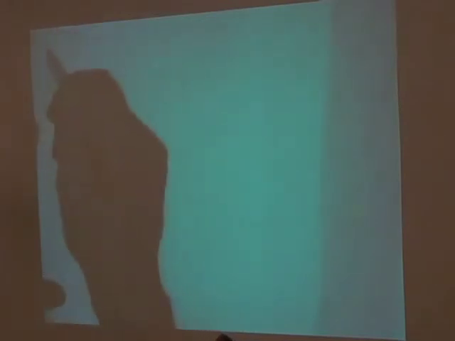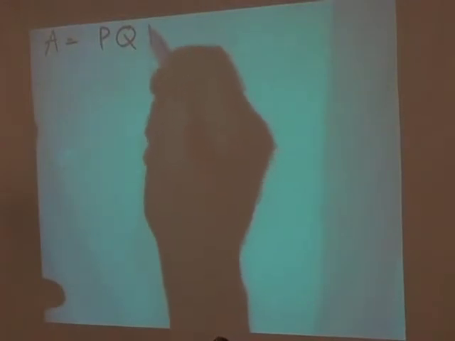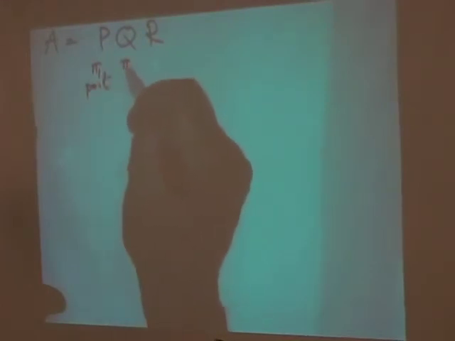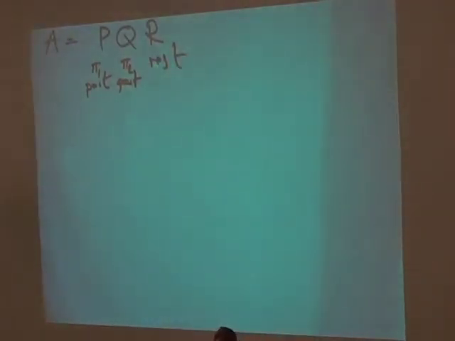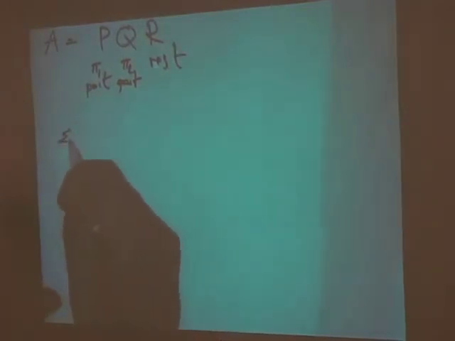So what am I going to do? I'm going to let A be PQR, where P is the pi 1 part, Q is the pi 2 part, and R is the rest. Okay? And then let's look at what epsilon pi 1 of PQR is.